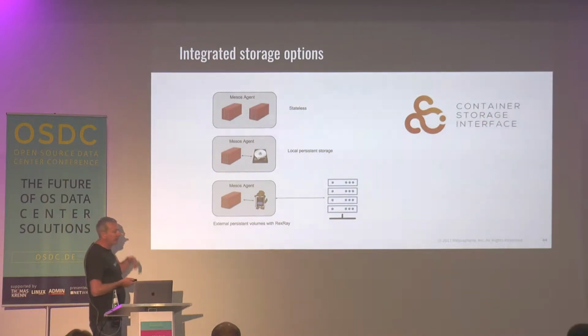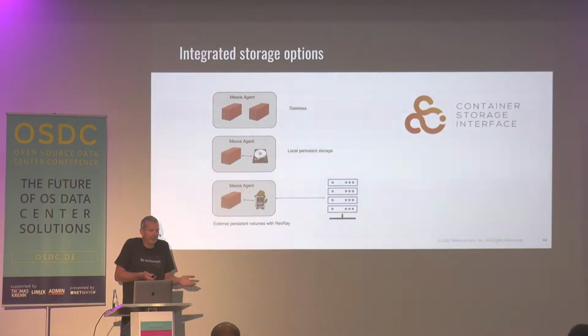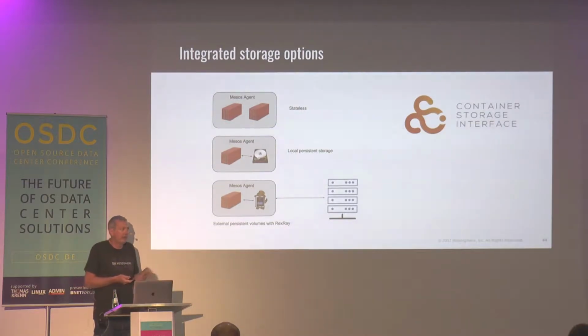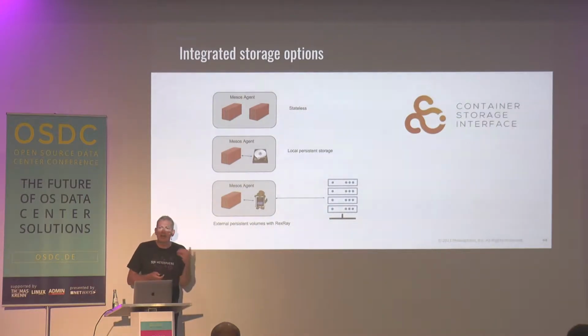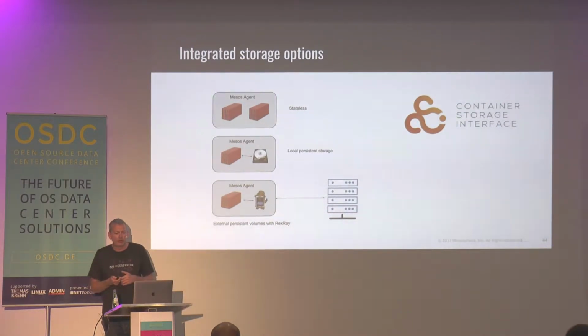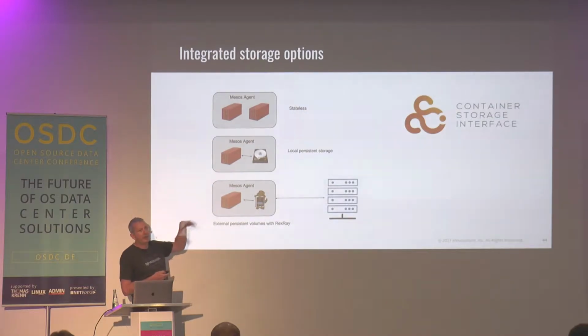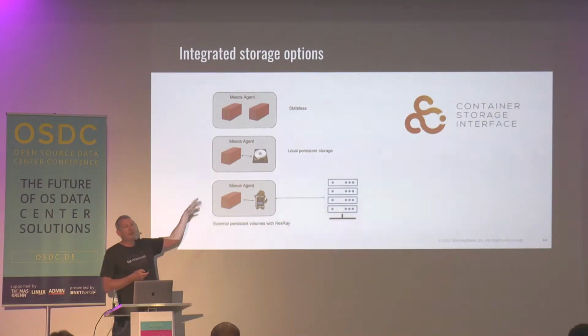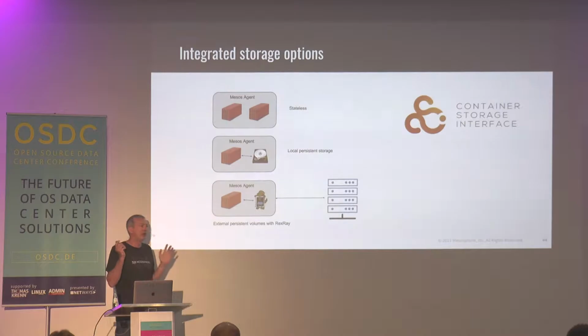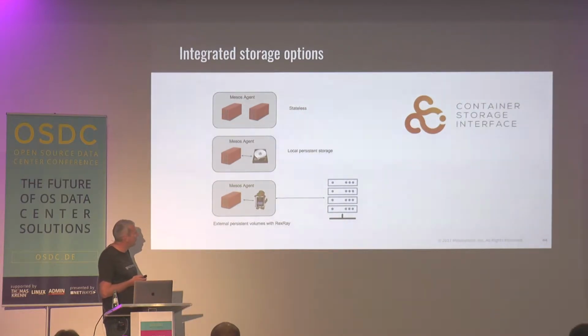Clearly stateless, where we just allocate a bit of the file system for a particular container, and that's blown away when we lose that container. Mesos can do local persistent storage. So you can allocate a drive or a part of a drive to a particular container, and that's going to work okay if we lose the container, but clearly if we lose the agent that persistent volume's hosted on, then that's not going to be great.